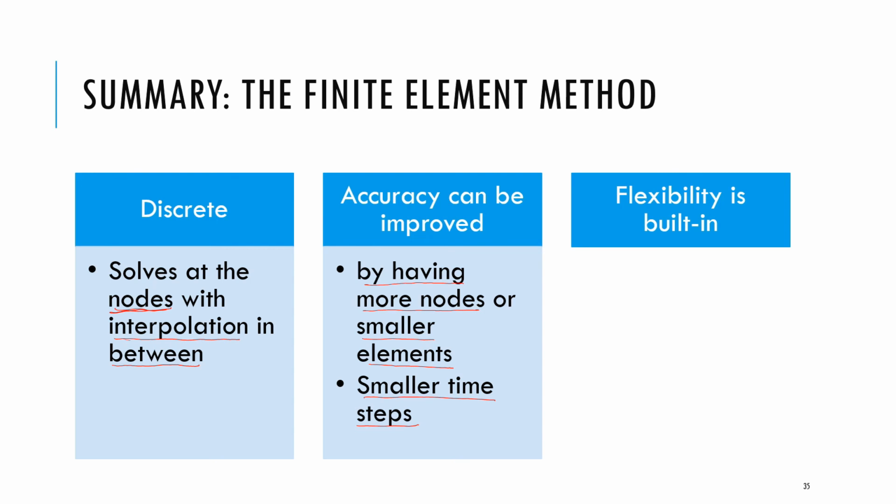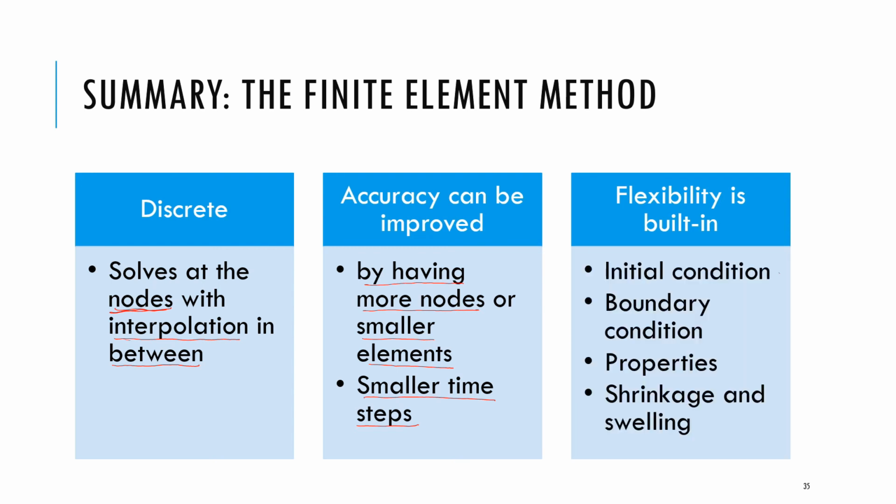Then, flexibility is built in because it's a numerical method. We can have initial conditions that vary with position. We can have boundary conditions that vary with time. We can have properties that change as a function of the process, like thermal conductivity changing with temperature, and the entire domain can shrink or swell depending on the process.